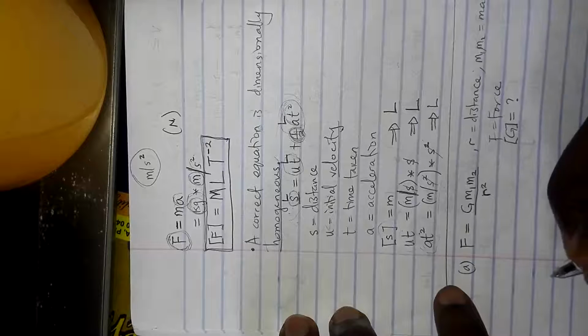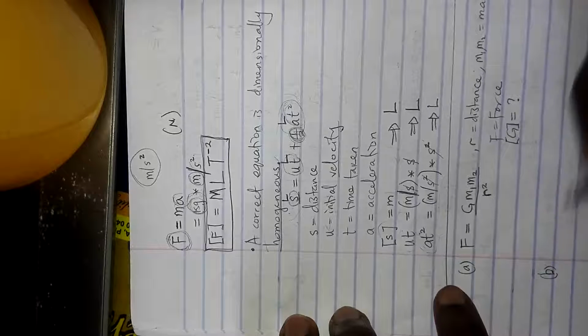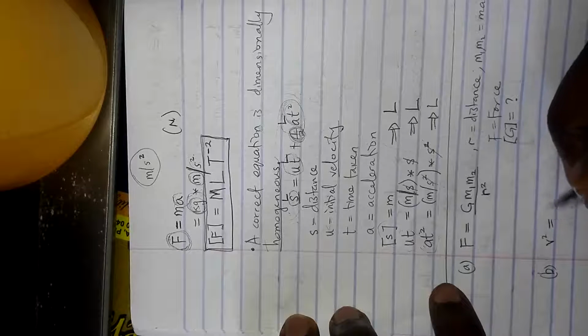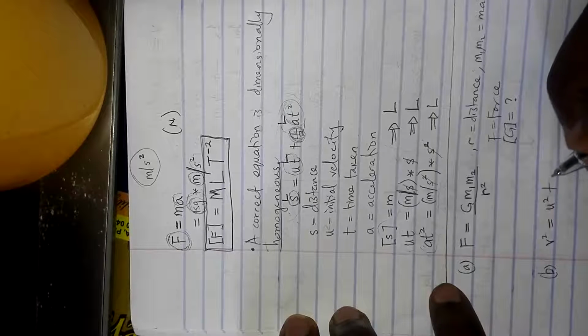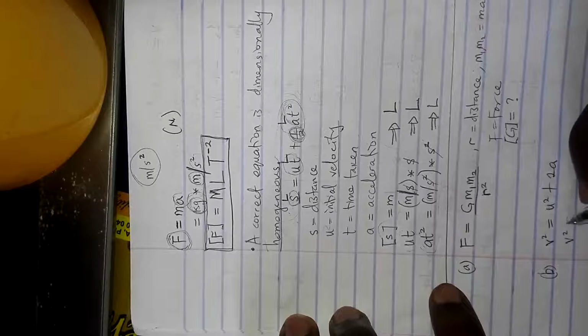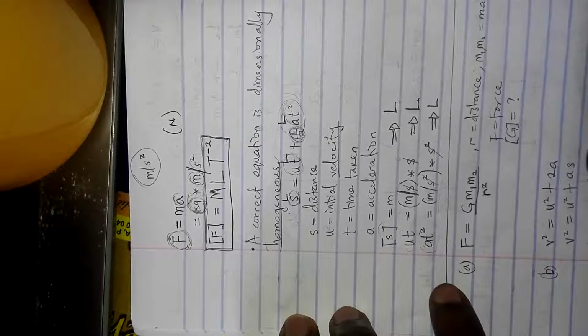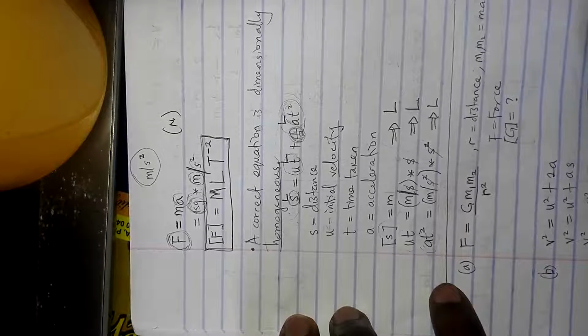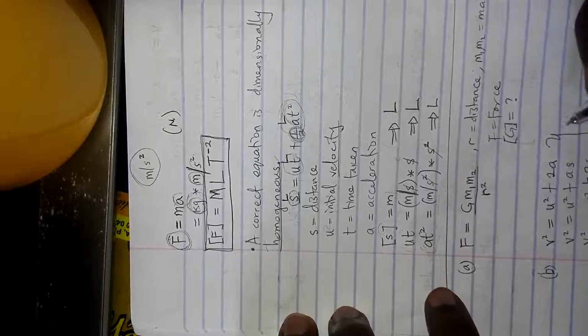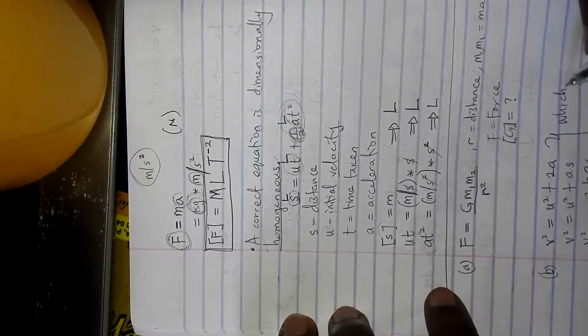Again, can you verify that this equation is correct using dimensional analysis? We have that V square is equal to U square plus 2a, and we have V square is equal to U square plus as, and we have V square is equal to U square plus 2s. So using dimensional analysis, which of these is correct?